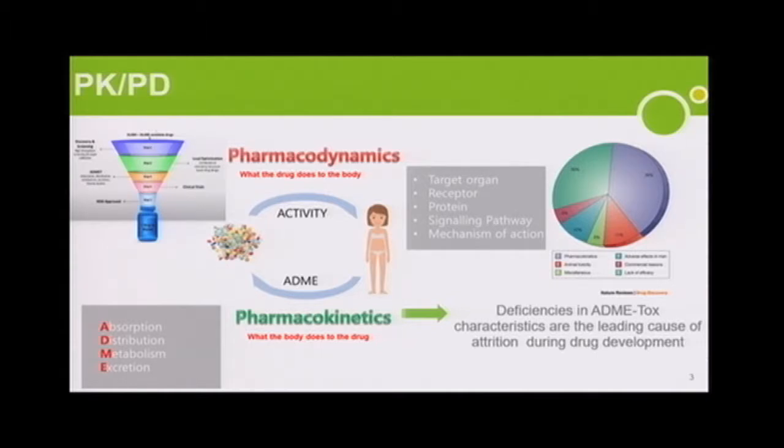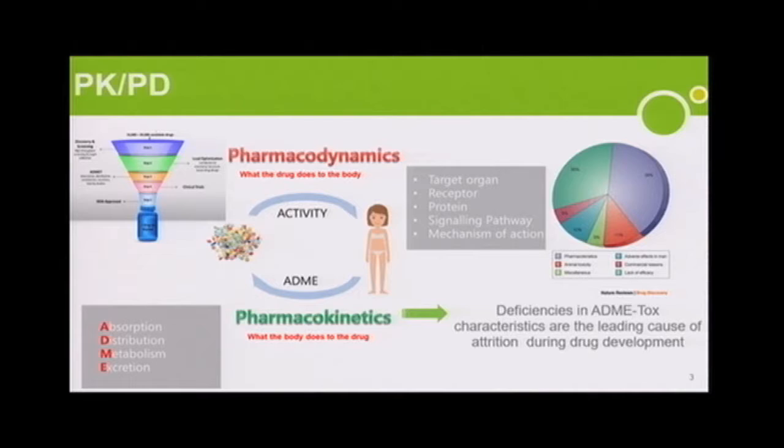So normally we are interested in pharmacodynamics, that means what the drug does to the body. This means how the drug interacts with the receptor, with protein, and which is the signaling pathway that occurs after the drug has interacted with the receptor.